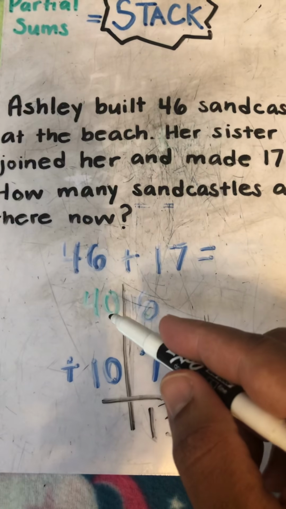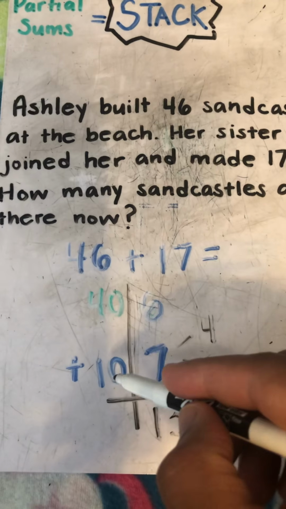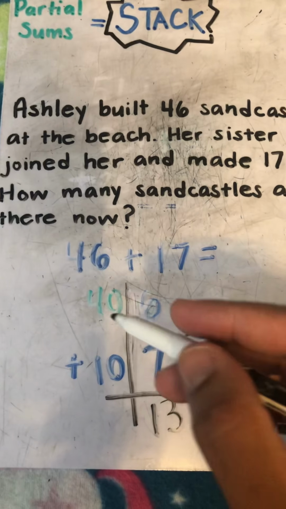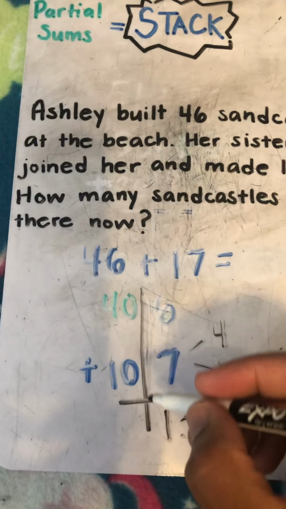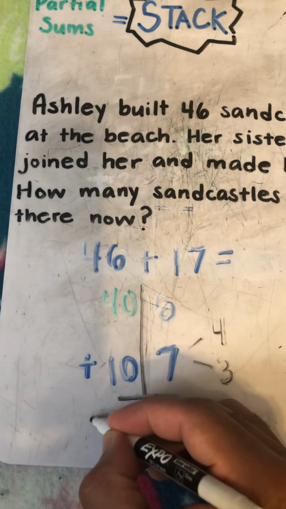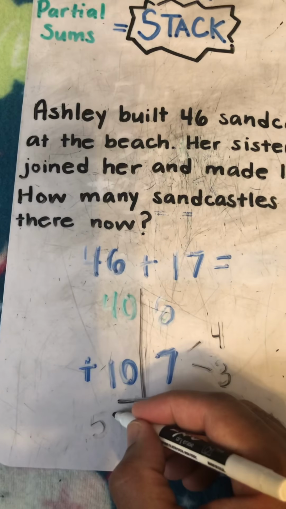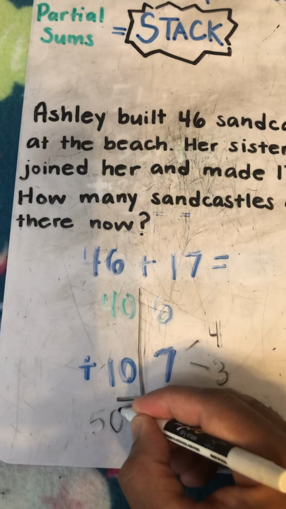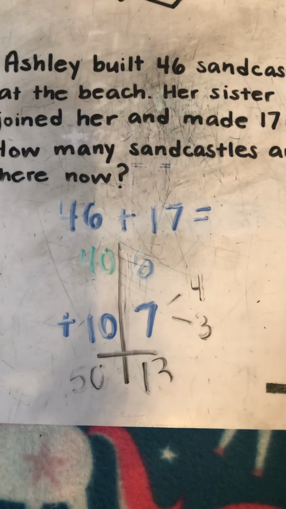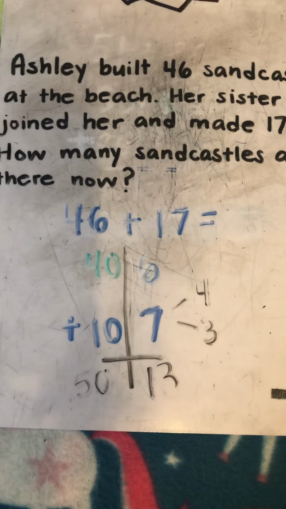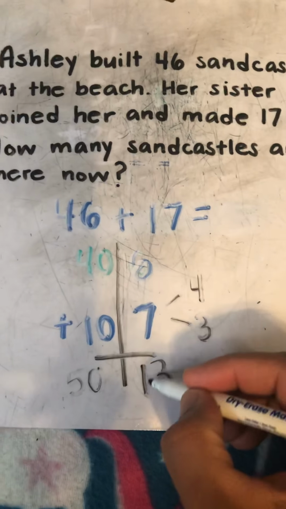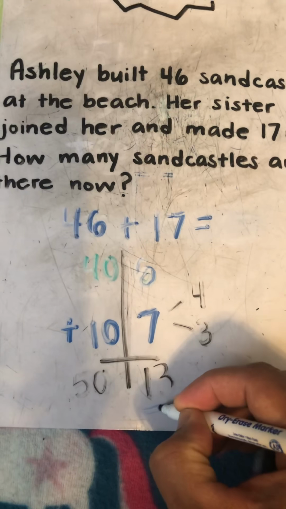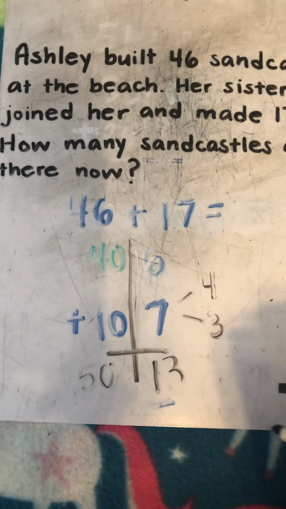For my tens values, I have 40 and 10. Together, well, I know 4 plus 1. I know that small fact is 5. So 40 and 10 together is going to make 50. And now I can put those values together. Well, I have 50. Another 10 here will take us to 60.